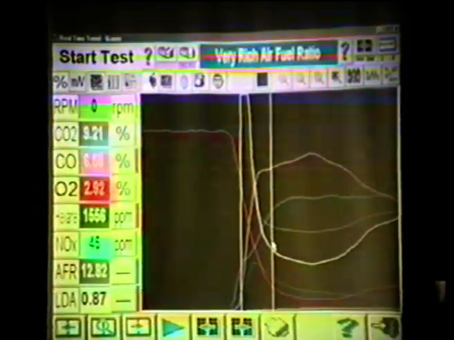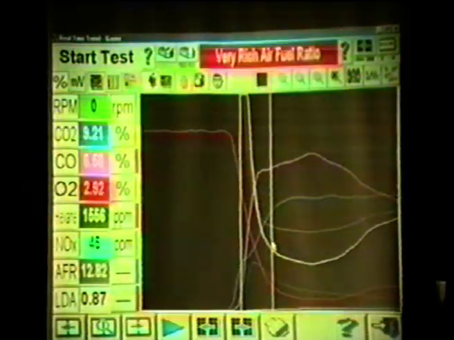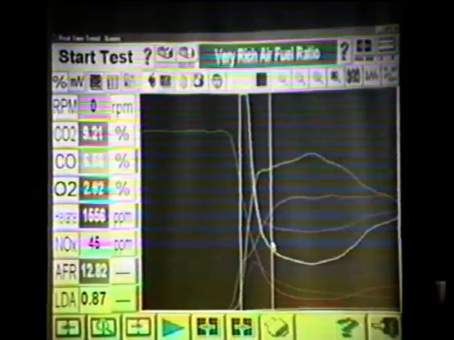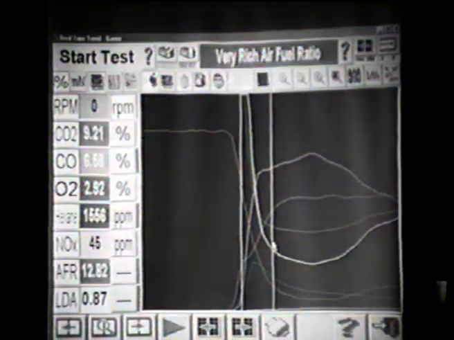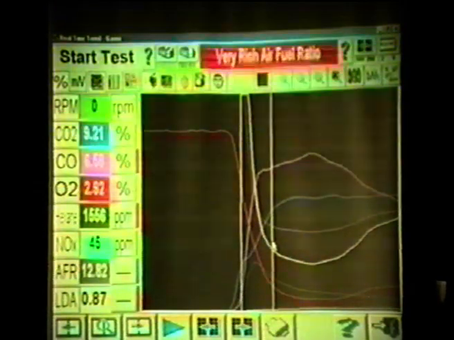Because we know the engine is cold, we expect it to be reasonably on the rich side. But even so, the ignition system should cope with that. It doesn't need to have the world's richest mixture.